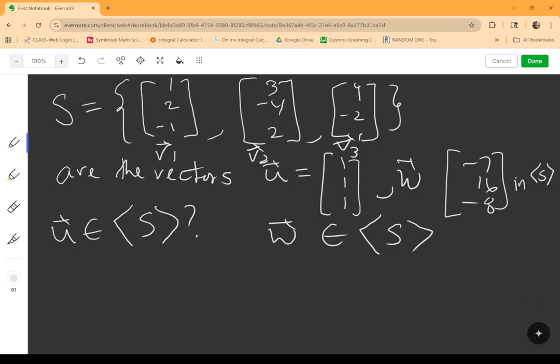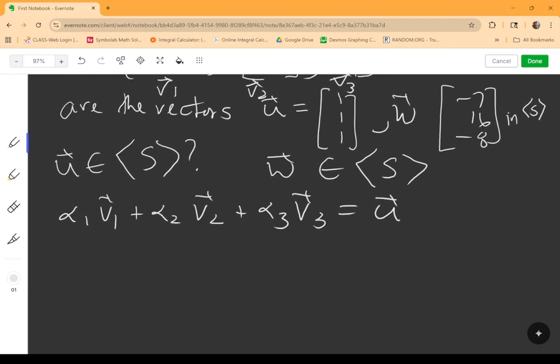So what I'm asking here is if I can find those scalars alpha 1, alpha 2, alpha 3, such that when I multiply them with their respective vectors, v1, v2, v3, I get the resulting vector 1, 1, 1.